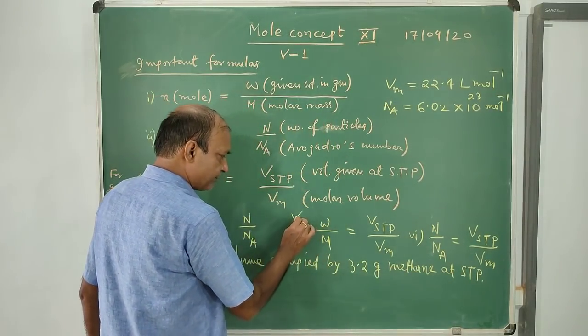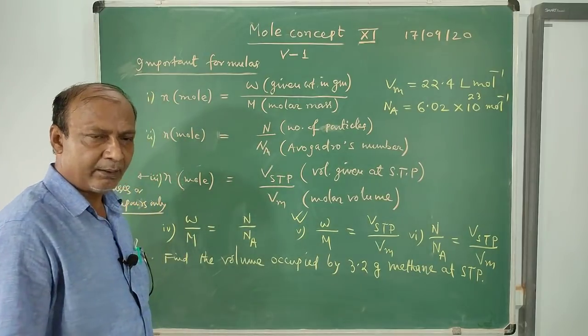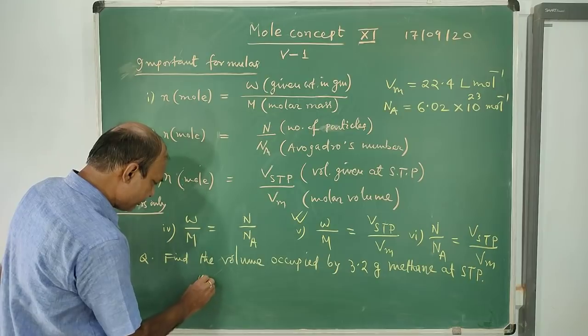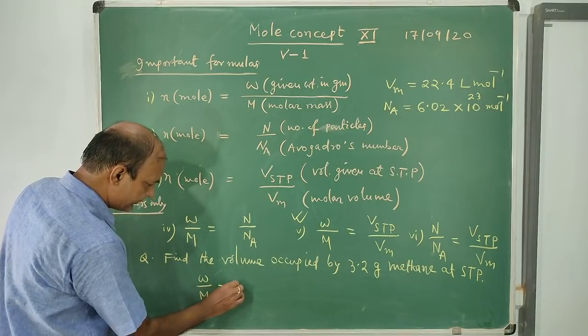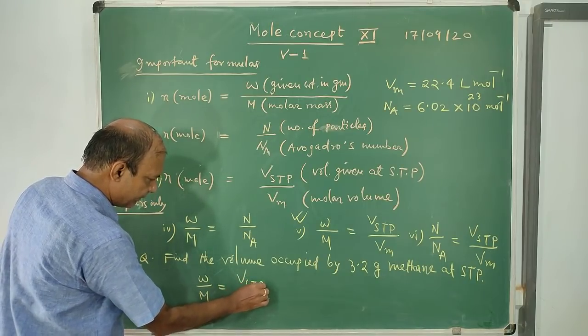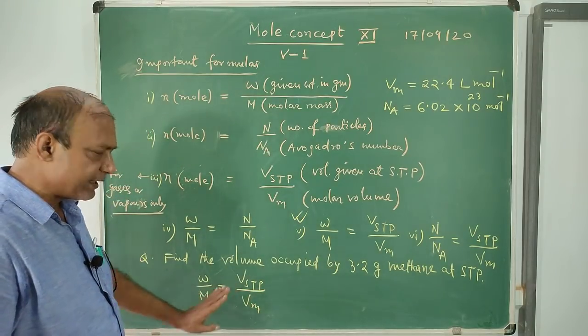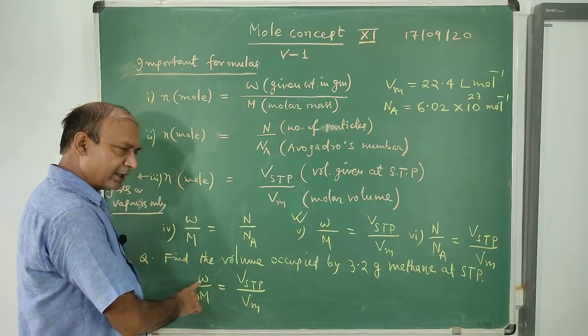So come to this formula. By using this formula you can find out. We know that W by M is equal to VSTP by Vm. W is the given weight.